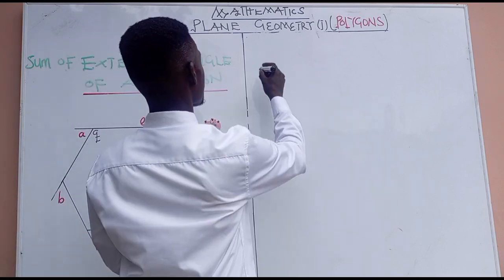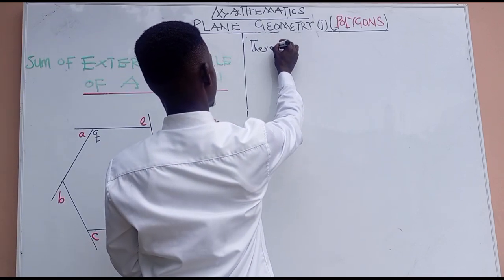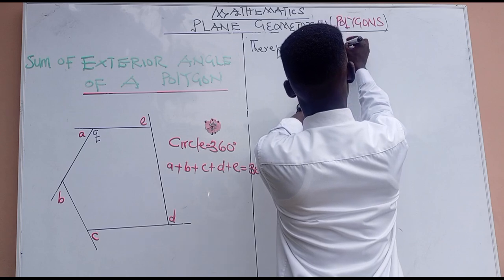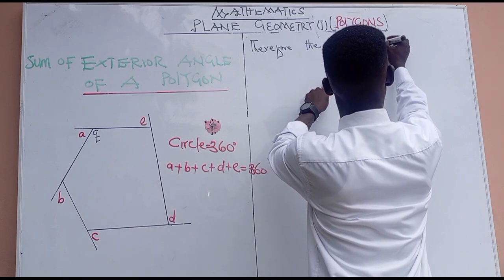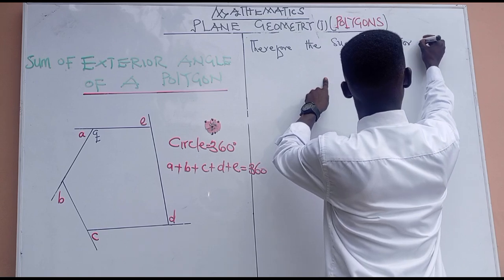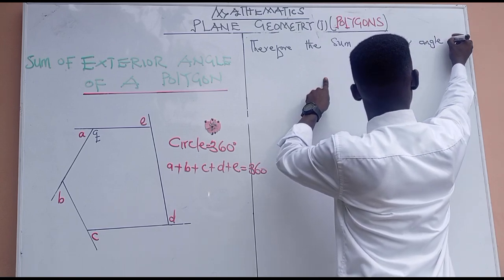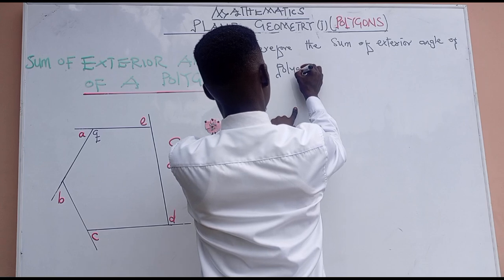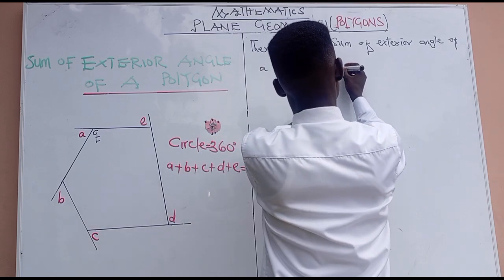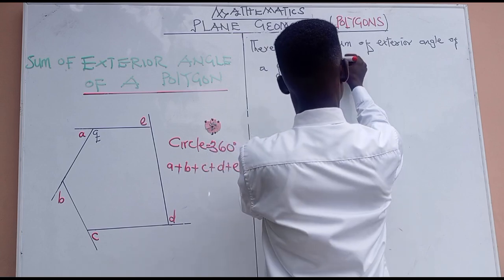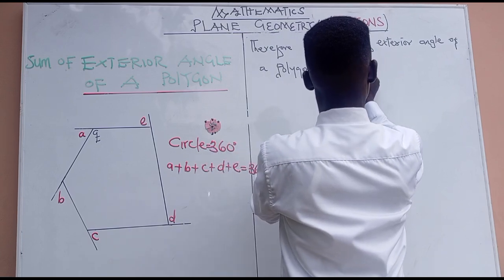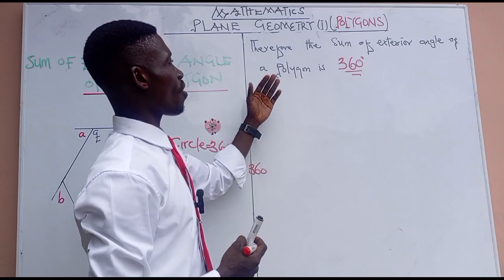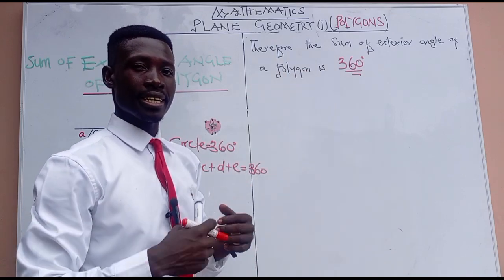So therefore, we can say that the sum of exterior angles of all polygons is equal to 360 degrees.